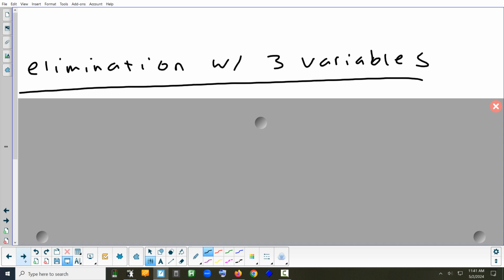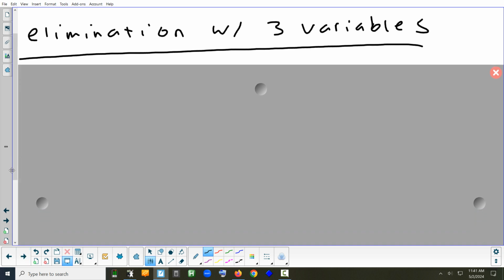Okay. Now let's look at 3 variables. The way that I'm going to explain how to solve the 3 variable system is with elimination. I'm not going to say that it's the most efficient way to solve 3 variables, but it's probably the simplest. But simple doesn't always mean quick.